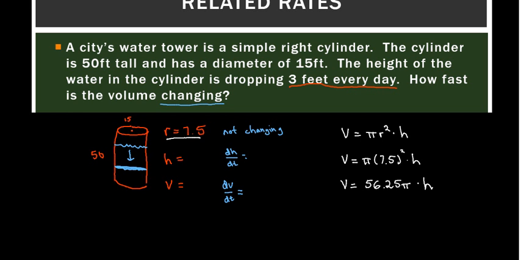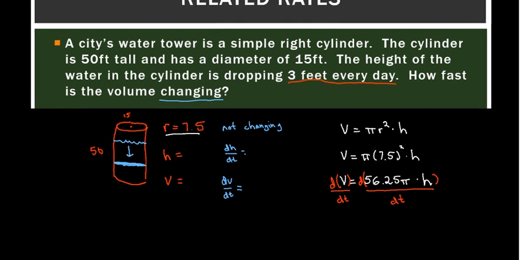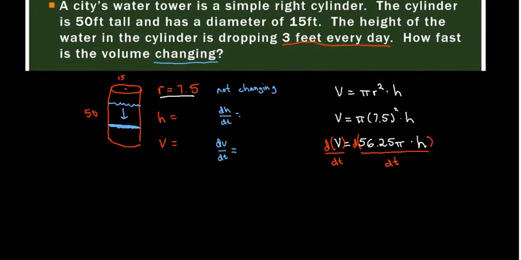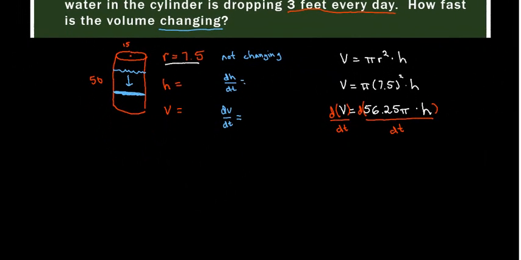But if we want the derivatives, we have to take the derivative of both sides. dV/dt is what we want, so that is going to stay. On the other side, we've got the derivative of 56.25 pi times h. There's only one variable, so that doesn't look too complicated.